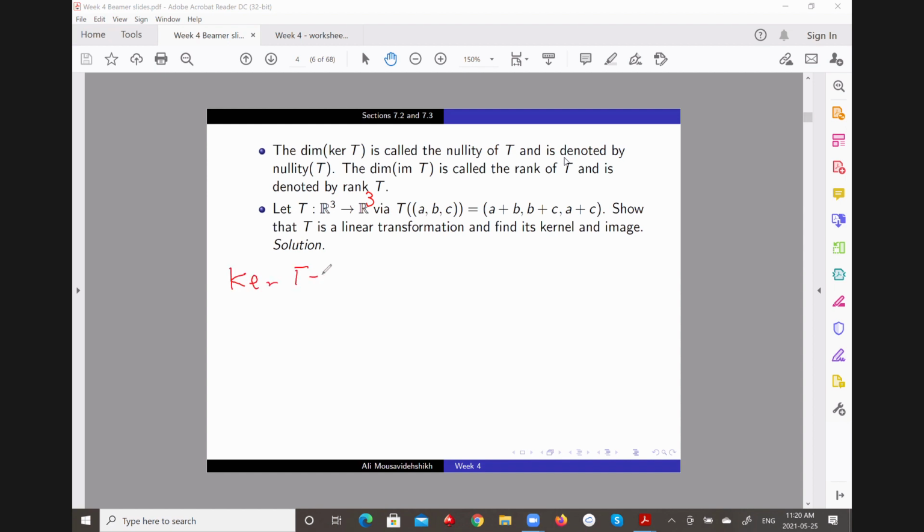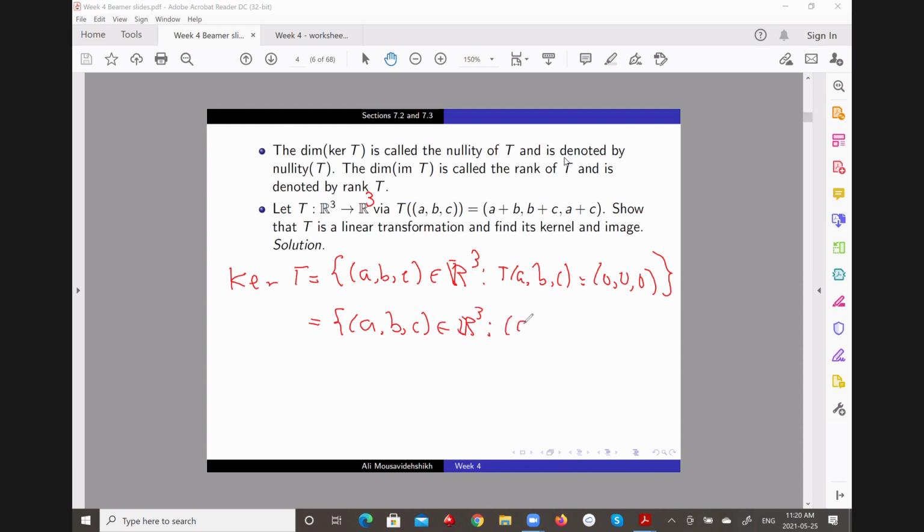The kernel of T by definition here would be A, B, C in R3 such that T of A, B, C is the zero vector. Now, if I rewrite this, this is saying A plus B, B plus C, A plus C equals zero.